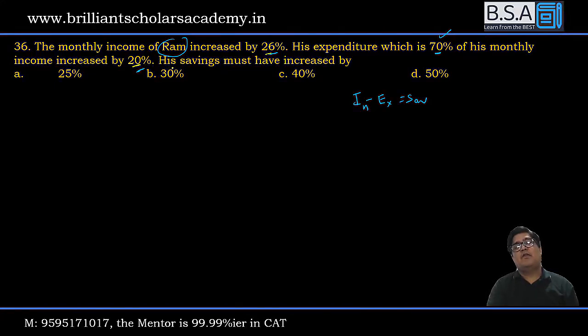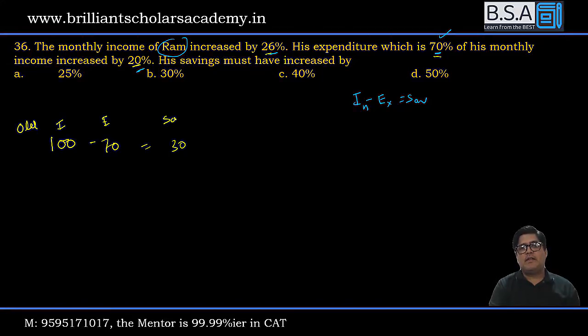Find the change in his savings. So we are saying 100 rupees was the income. This is the old value. And what was the expenditure? Expenditure was 70%. So what was the saving? Saving was 30. Income, expense, saving.